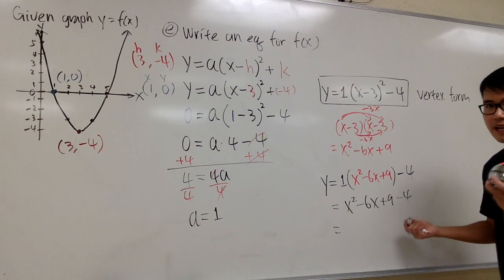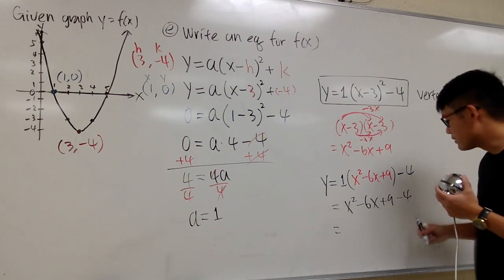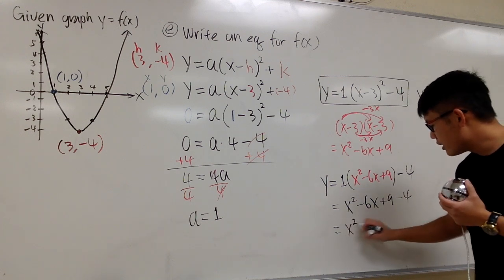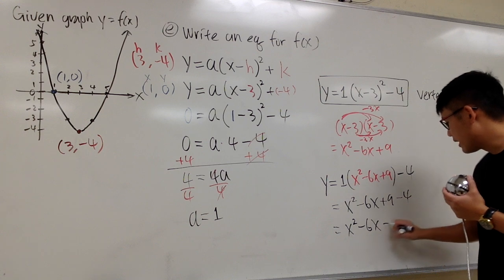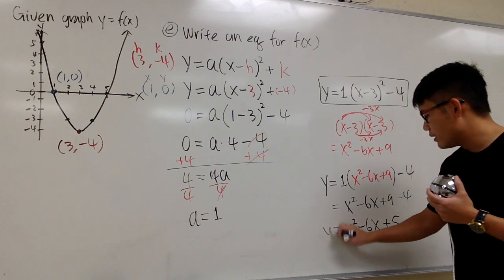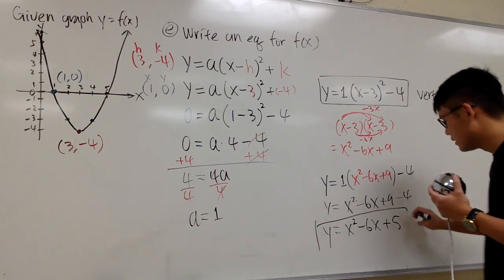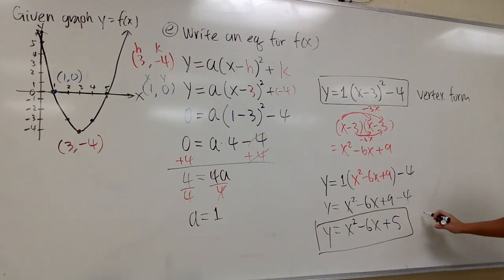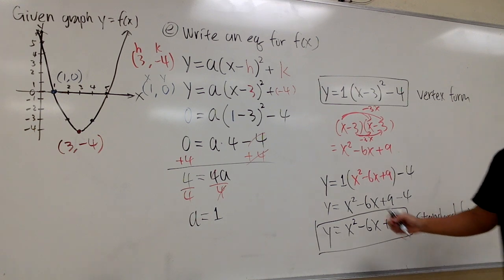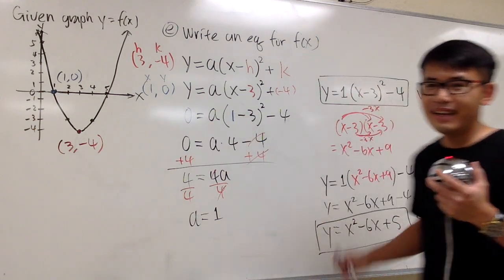This and that we can just add them up, right? This is plus 9 minus 4, combine them, so we have x squared minus 6x plus 5, and I'll box this right here, and this is the standard form for that. And that's it.